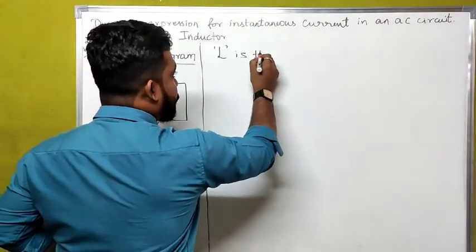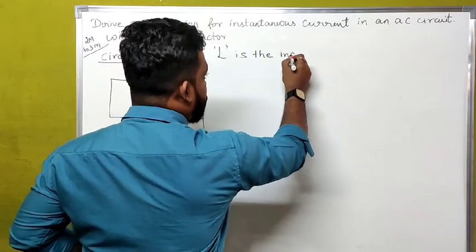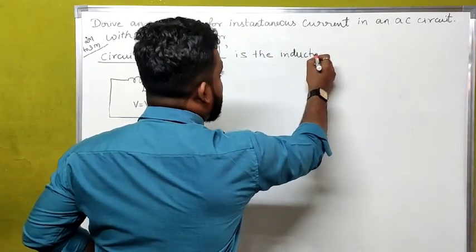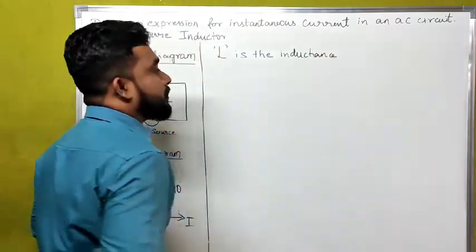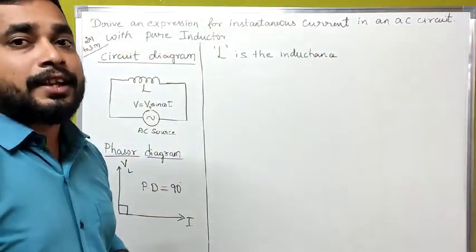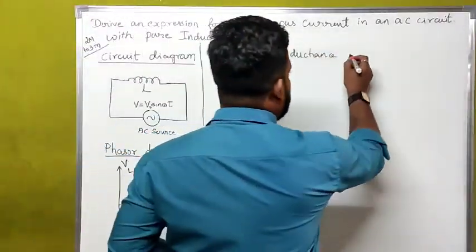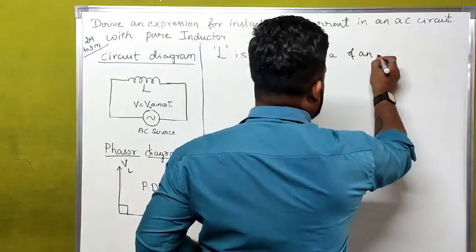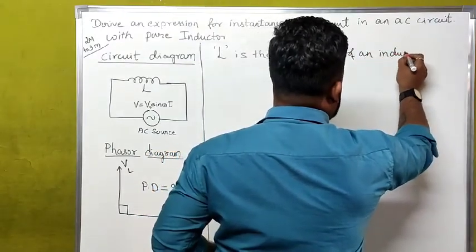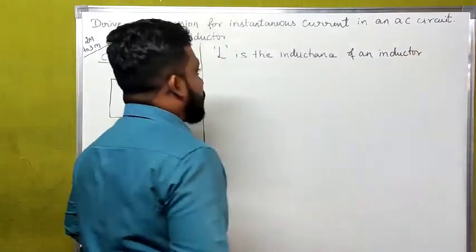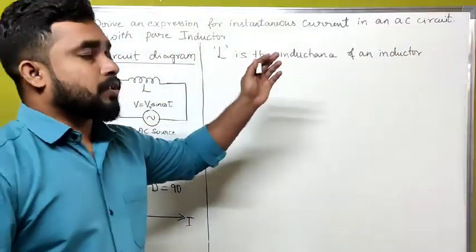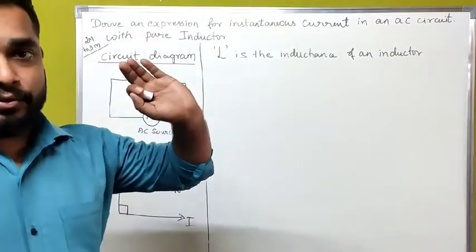L is the inductance. L is not inductor, L is the inductance of an inductor. L is nothing but the inductance of an inductor in an AC circuit.